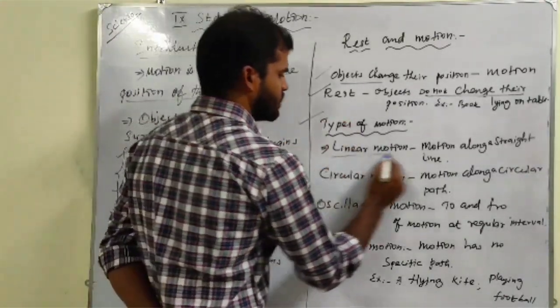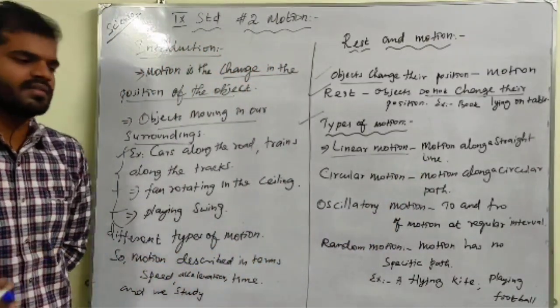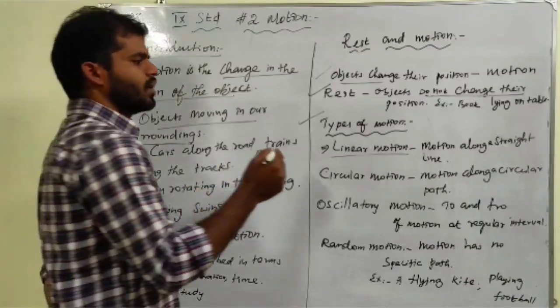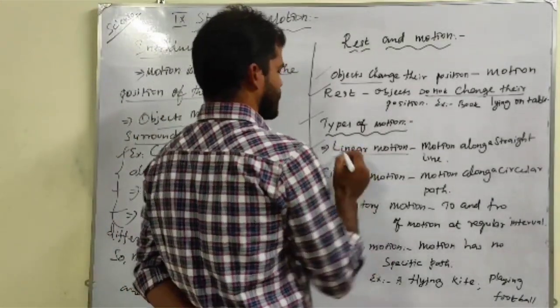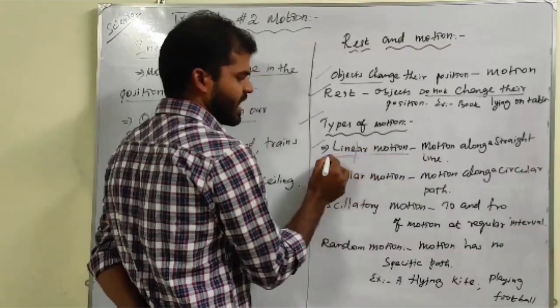The first one is linear motion. What is called linear motion? Any object that moves in a straight line. If an object moves in a straight line, that is called linear motion. Linear is nothing but, for example, line, right? In the word itself we have line.